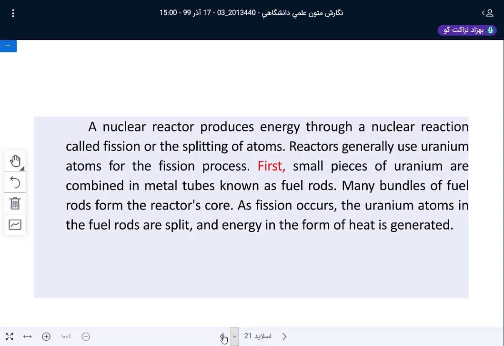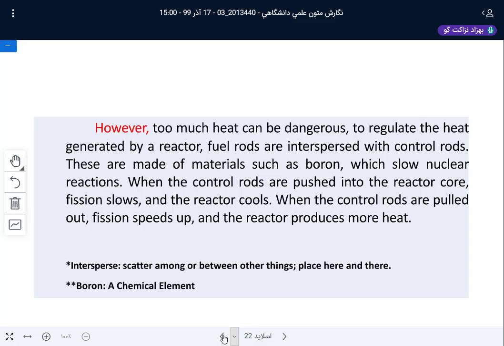As fission occurs, the uranium atoms in the fuel rods are split and energy in the form of heat is generated. So this is the end of the first paragraph, but it is not I shape. Okay, it's T shape because it is related to the other part.